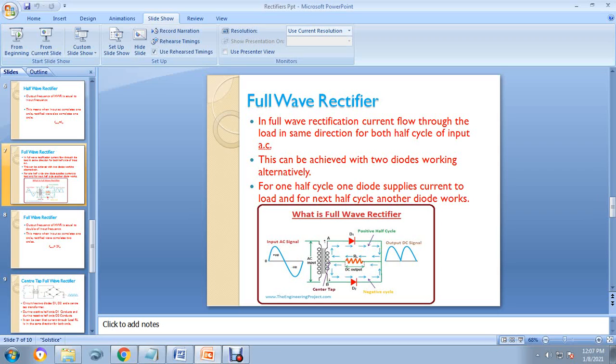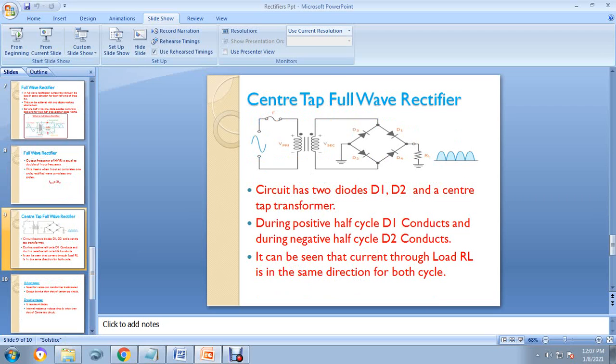So instead of going for the full wave rectifier, we plan for another rectifier which utilizes both cycles, which is the bridge full wave rectifier. Here it is similar to the full wave rectifier, but instead of two diodes we use four diodes D1, D2, D3 and D4, and no center tap transformer.